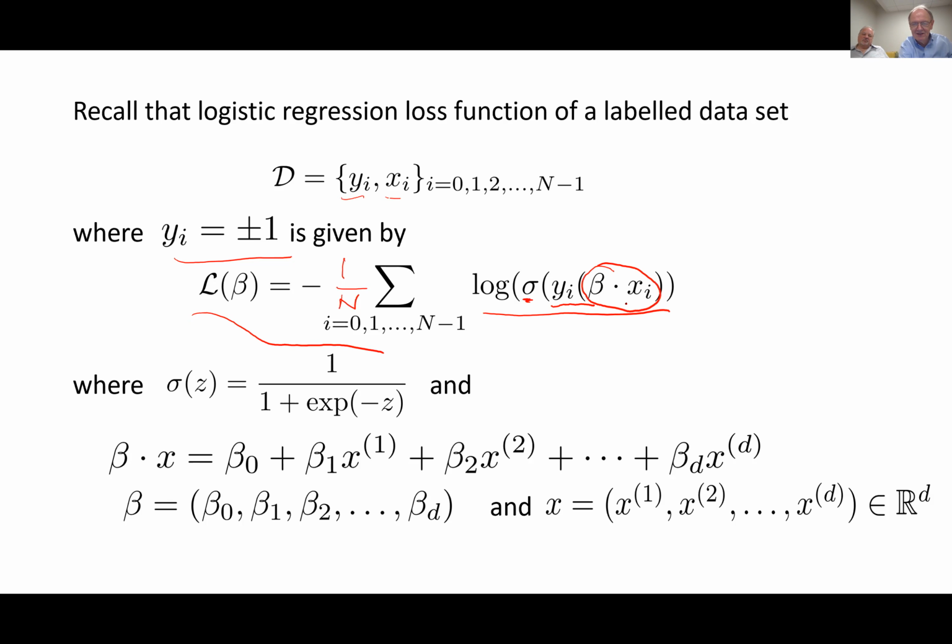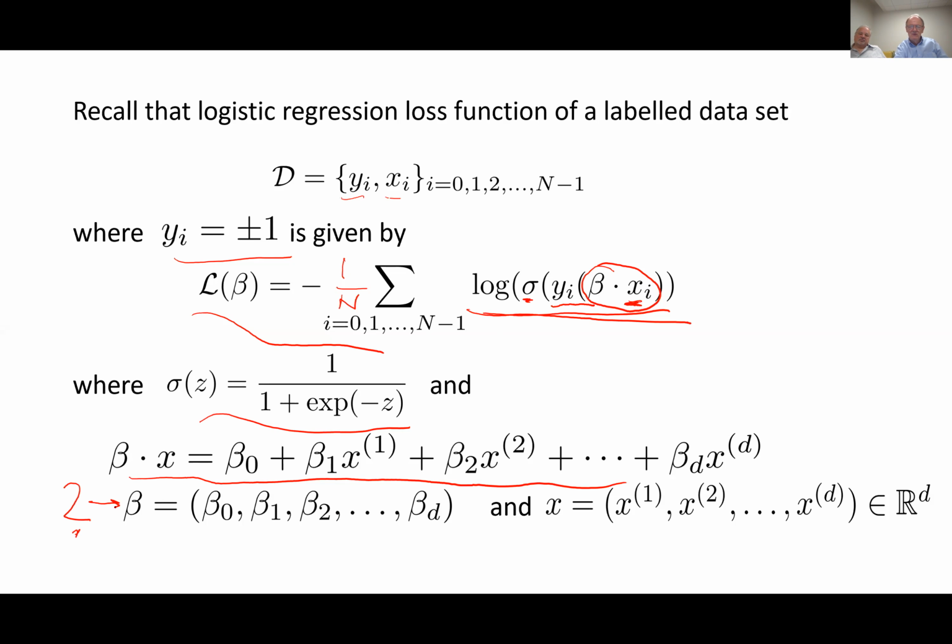So xi is our data set, the betas are the coefficients we're trying to find, and the yi are the labels. The loss function is the average over the log of the logistic function applied to yi times this dot product. Here's the logistic function, here's the dot product, and this is the beta we're trying to find.